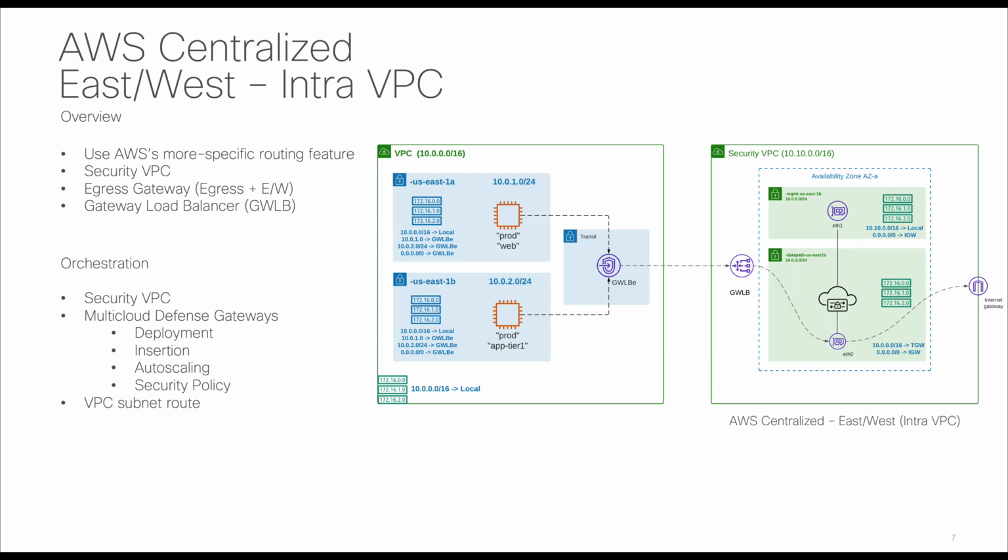And if your requirement is beyond L3, L4, you want to add advanced security features, you can use centralized security model, place your ingress gateways or egress gateways in your security VPC, configure route tables accordingly, and we will ensure that your traffic will reach the Multicloud Defense gateways in the security VPC, and we filter traffic based on your security policy and we send it to the destination subnet.